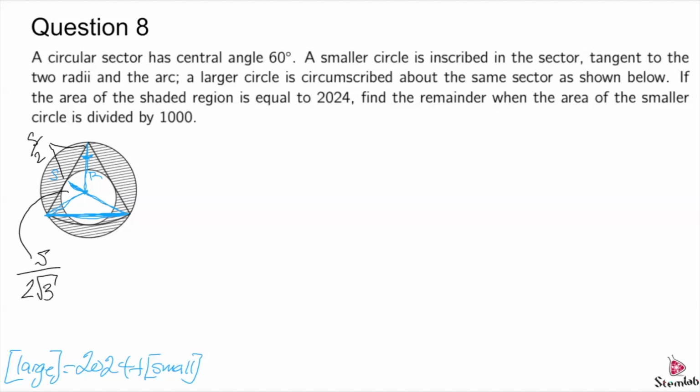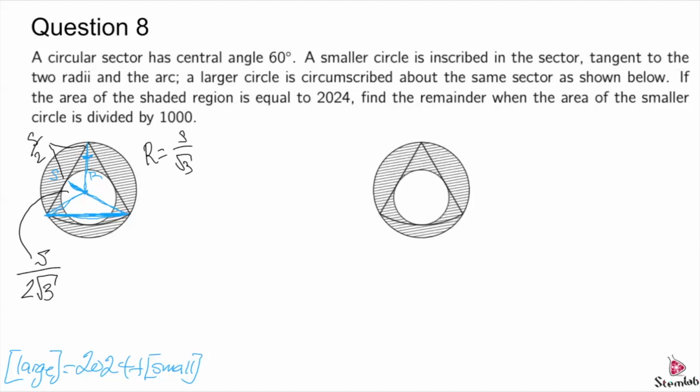Therefore, big R will be twice that, which is S over square root of 3. So now we've found the radius of the bigger circle relative to the side length of that equilateral triangle. Let's now try to find the radius of the smaller circle.